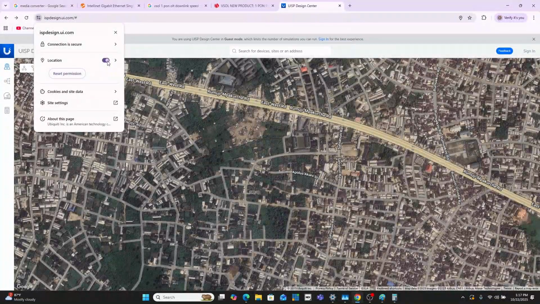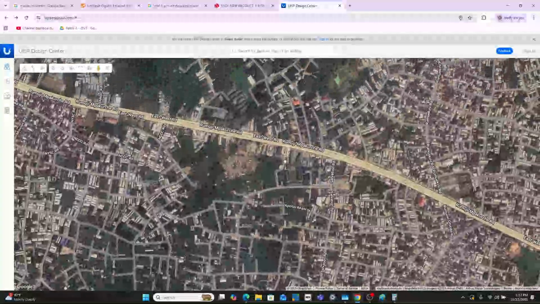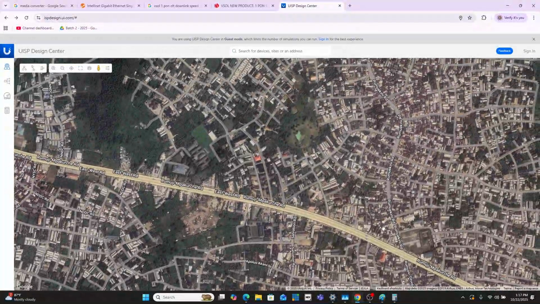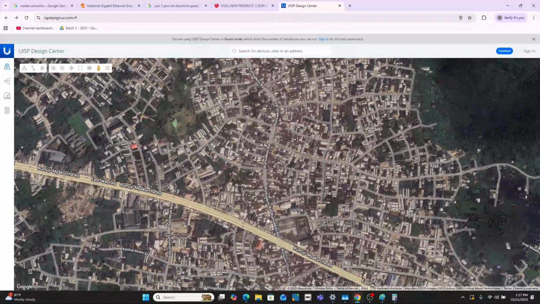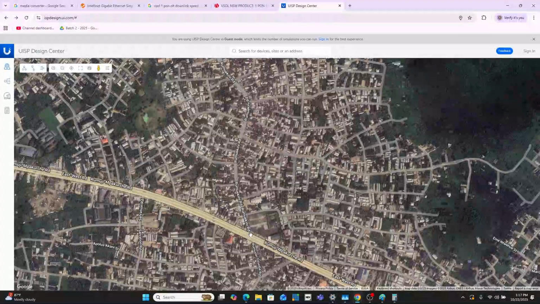All right, so have we identified Rumosi Junction? Have we identified Rumosi Junction?